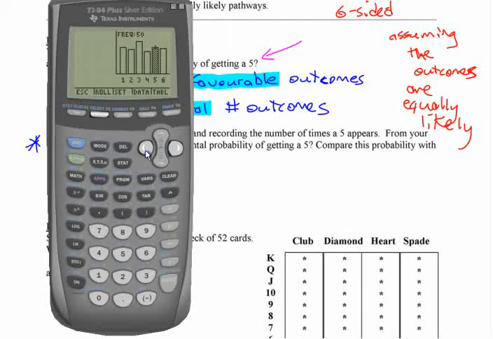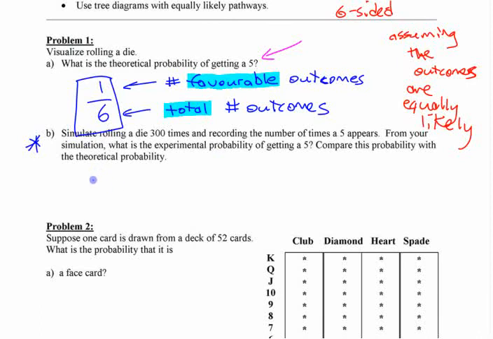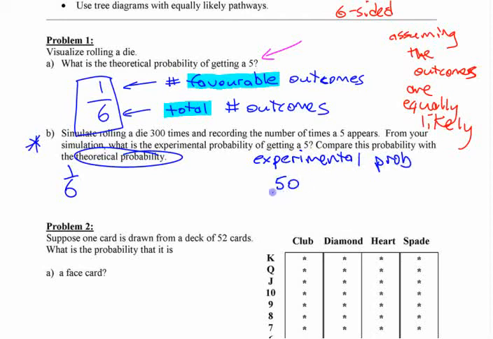The one that I had asked about here, how many times a 5 appeared, is 50, right? So we said the theoretical probability here was 1 out of 6. This is the theoretical probability. What's the experimental probability? Experimental probability was, we had 50 times it came up as that, 300 in total. If you want to reduce that to lowest terms, it's 1 in 6.